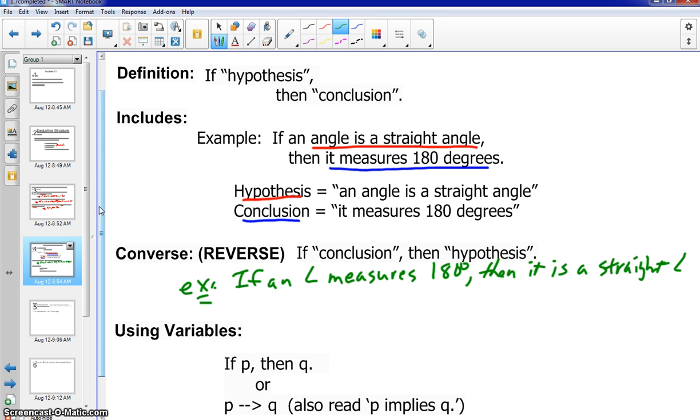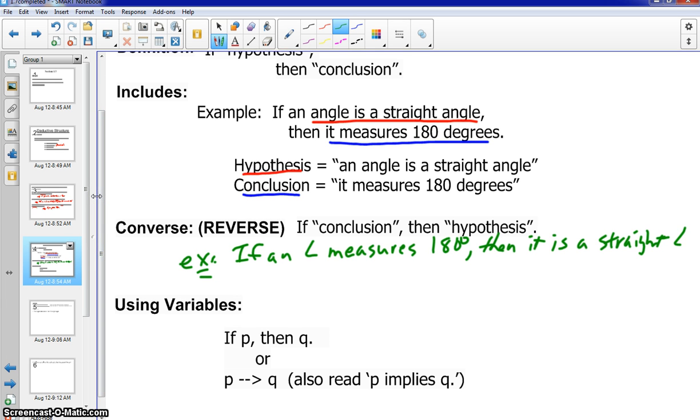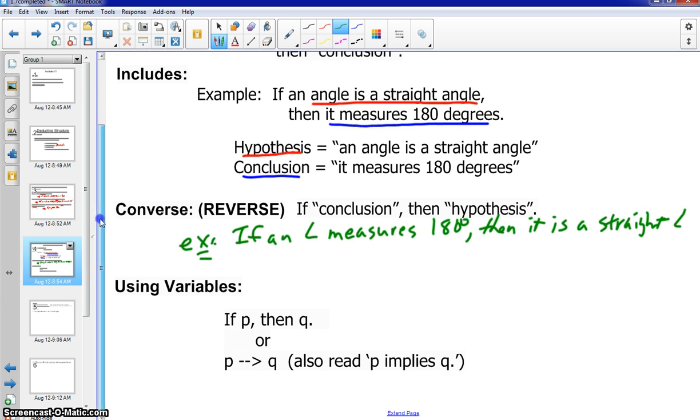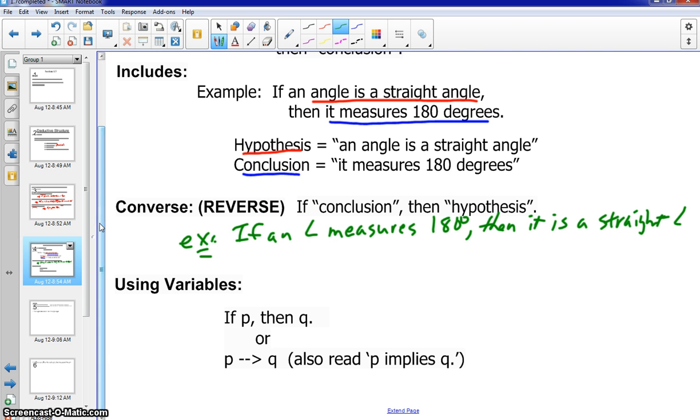We can also take the conditional statements and rewrite them using variables. We typically use P and Q, but any variable can be used. If P, then Q, or it simply can be written with this arrow. P implies Q. So in this case, P would be our hypothesis.